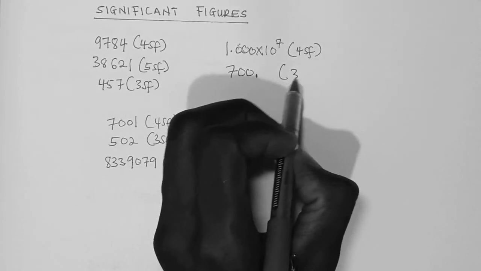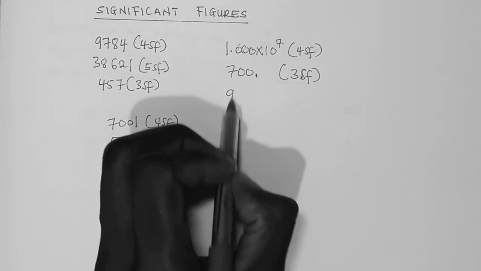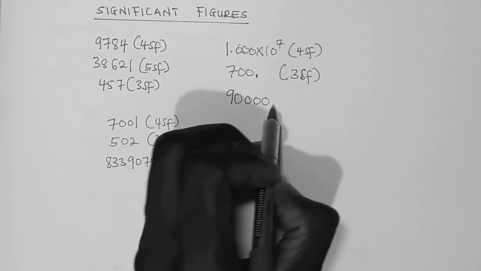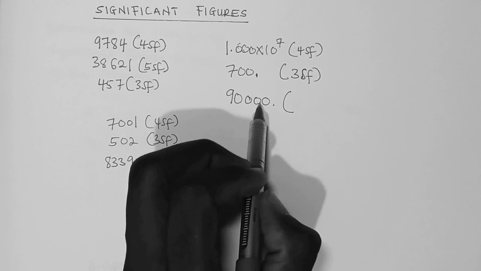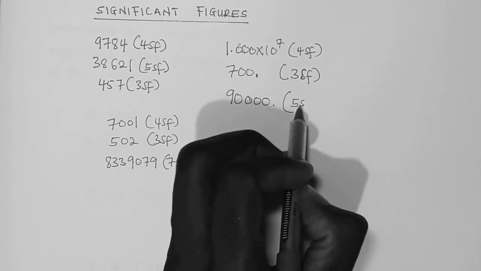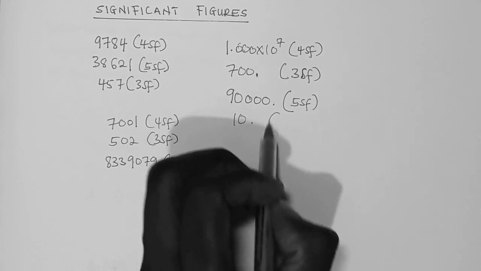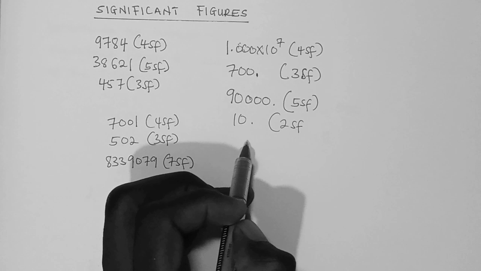There are three significant figures here. What about 90000 point? And this one too, 1, 2, 3, 4, 5. There are five significant figures. What about 10 point? So 1, 2. There are two significant figures.